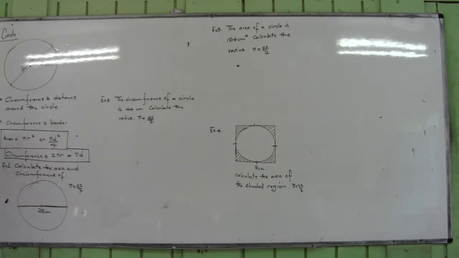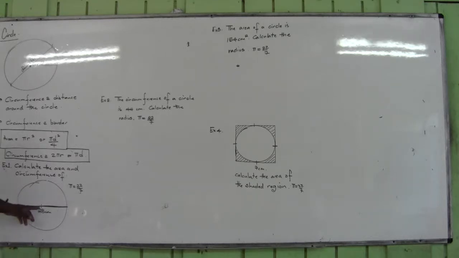The circumference of a circle is 2 pi r, or pi times diameter. Before we go to example 1, pi is a constant and it is approximately equal to 22 over 7 or 3.14. In example 1, we're to calculate the area and circumference of the circle.